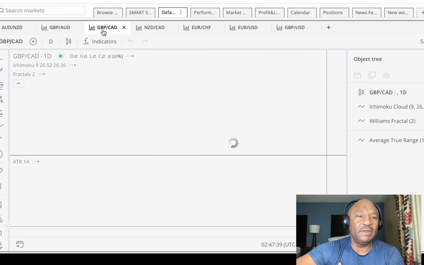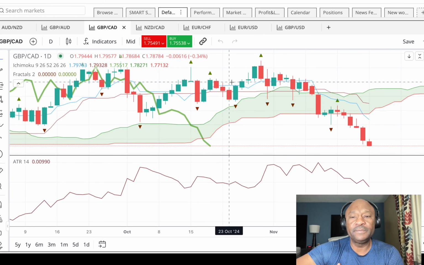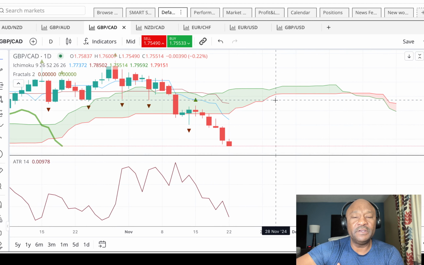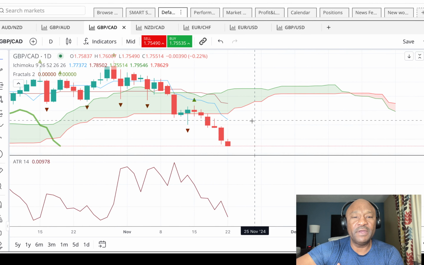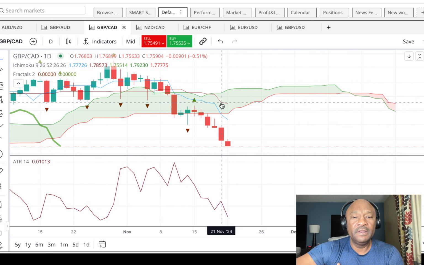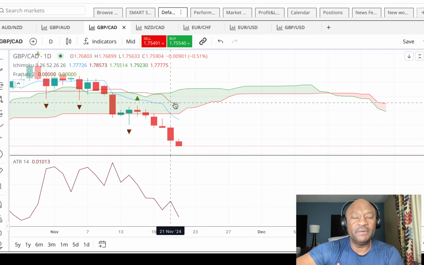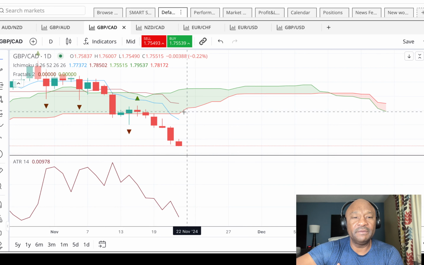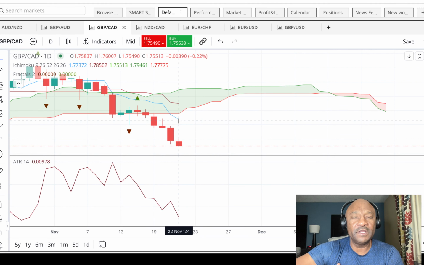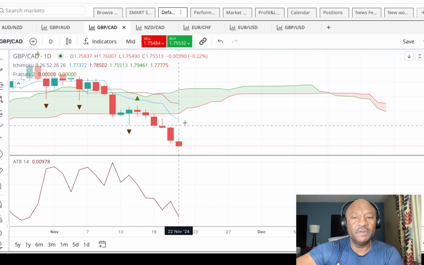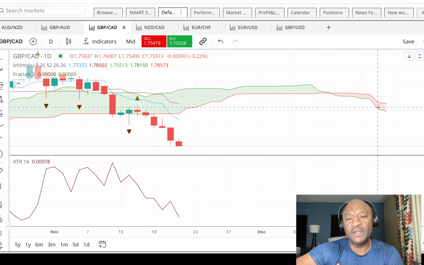Next up is the Great British Pound CAD. The CAD is getting stronger against the British Pound. The baseline is still pointing slightly downward, still at a downward angle. The conversion line has broken through the cloud, as has the price action, and you have a downward cloud forming.